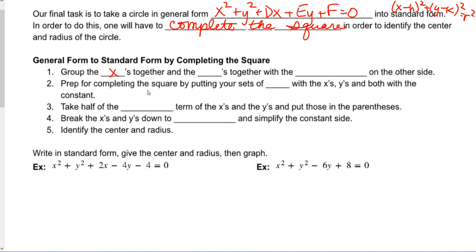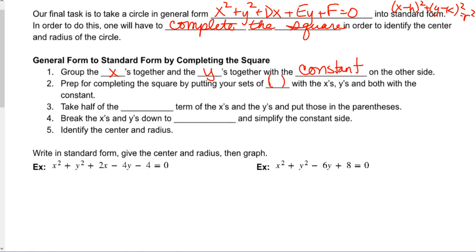So we're going to group the x's together, the y's together, with the constant, which is just the number, don't forget, on the other side. Now, we're going to prep for completing the square at the same time by putting sets of parentheses with the x's, y's, and both with the constant.